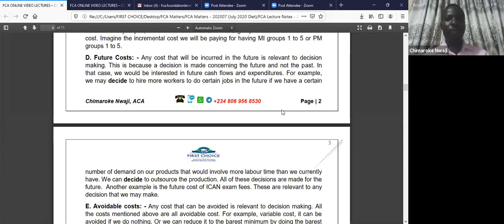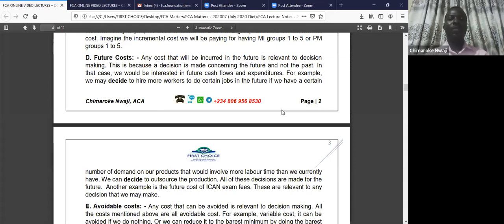For example, costs proposed are future costs, but costs spent are not. If you say, I will pay my ICAN tuition fee or my ICAN exam fee from my next month's salary, that's a future cost that you've just budgeted.